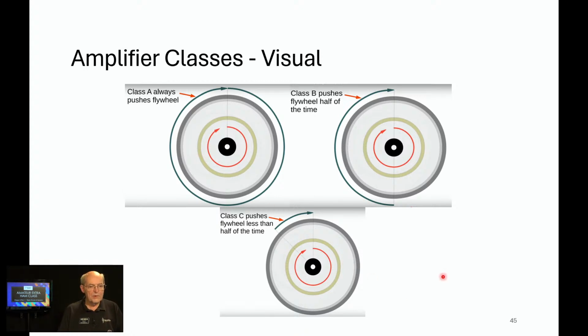You might remember when we were talking about tuned circuits, the coil and capacitor storing energy and giving it back. Well, that also relates to this. If the coil and capacitor are continuing to exchange energy, circulating current, when you take away the input, the circulating current is going to continue to be there, and the signal output will remain even though it's slowly reducing. So that all relates to this picture.